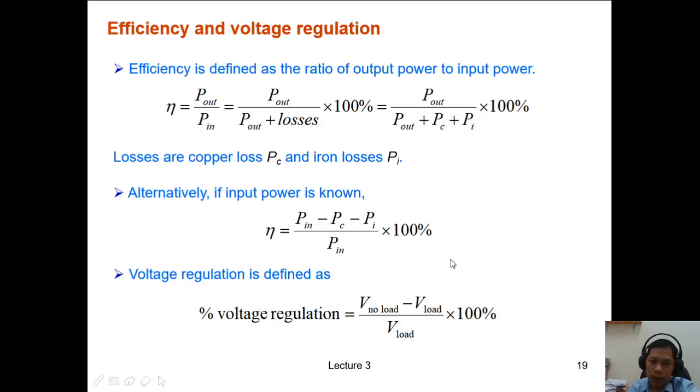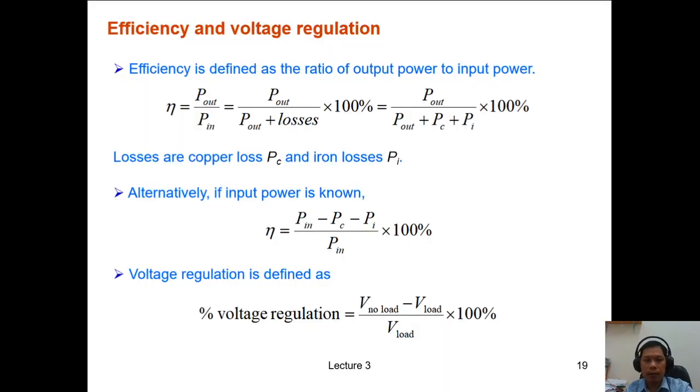The second performance indicator is the voltage regulation. It is defined as the ratio of this expression, V no load minus V load, divided by V load, multiplied by 100%. So that's the end of part 3 of lecture 3.